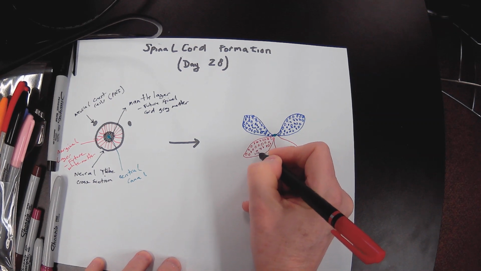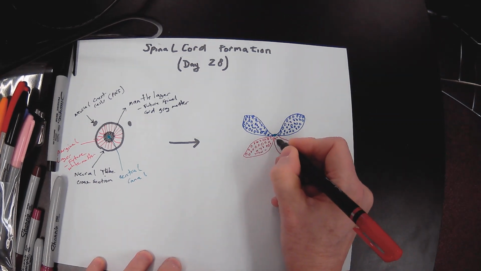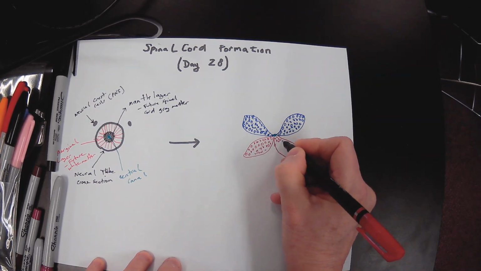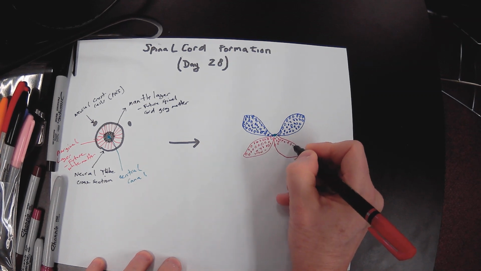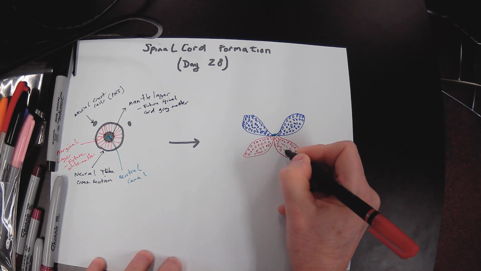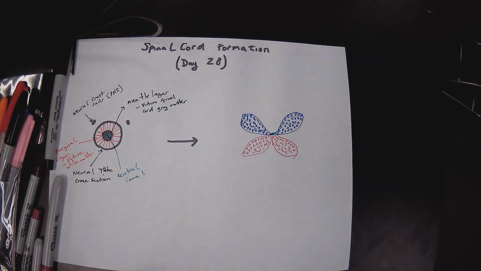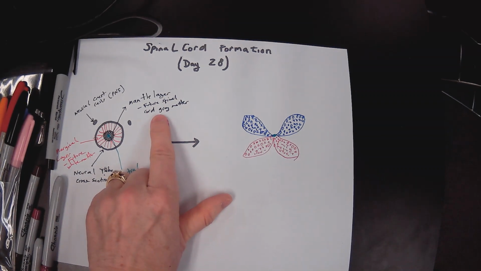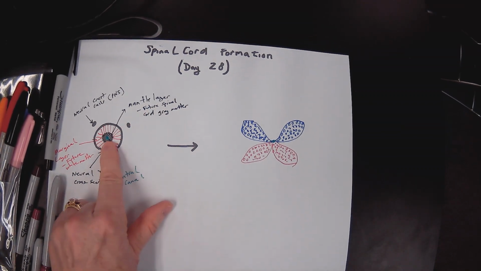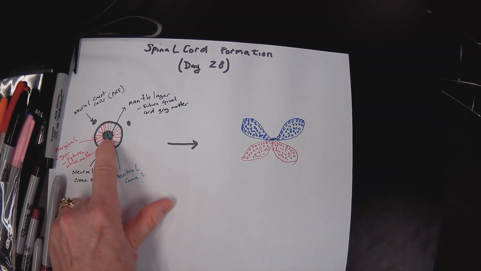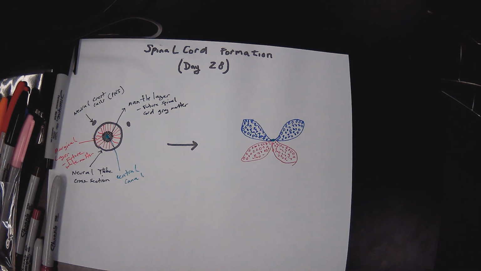They've rapidly divided bilaterally to form a butterfly shape. That's from the marginal layer. This is all from the mantle layer. So these are all the neuronal cell bodies that are part of the mantle layer. And those neuronal cell bodies have just started to divide and expand out, up and down and left and right.